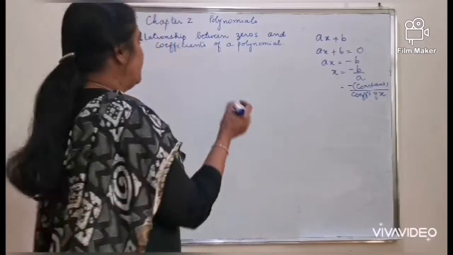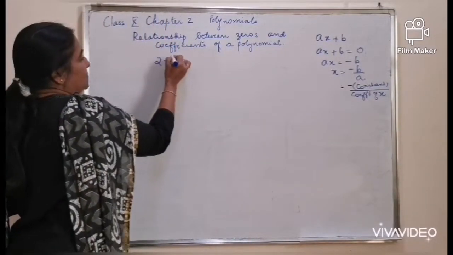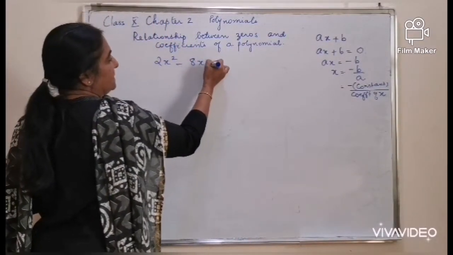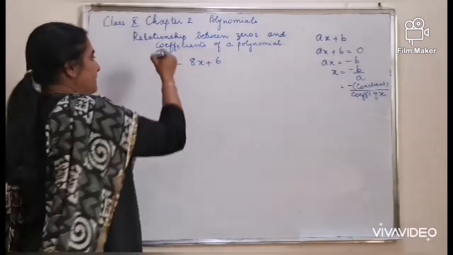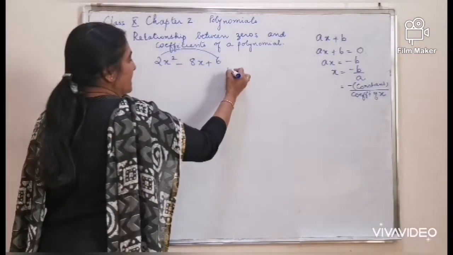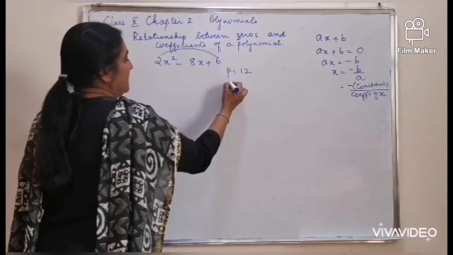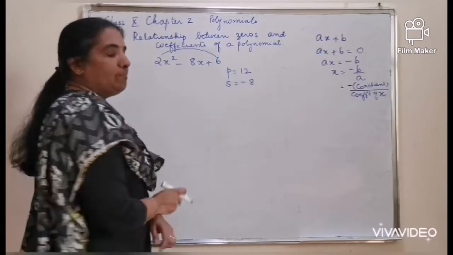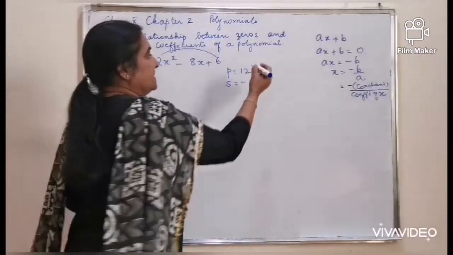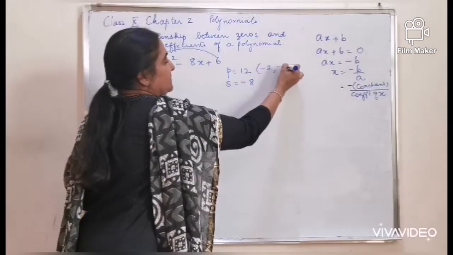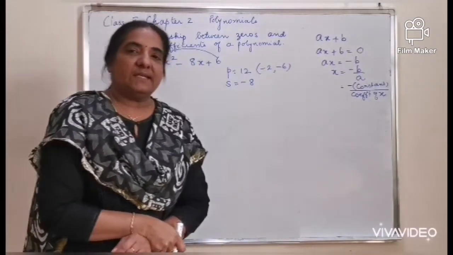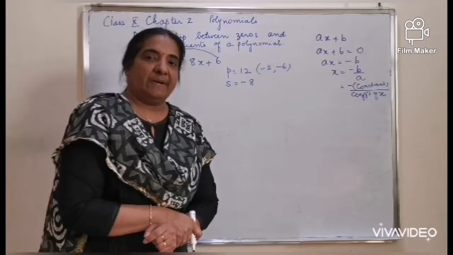The polynomial 2x square minus 8x plus 6. Product is equal to 12 and sum is equal to minus 8. The factors of 12 which give a sum of minus 8 are minus 2 and minus 6.